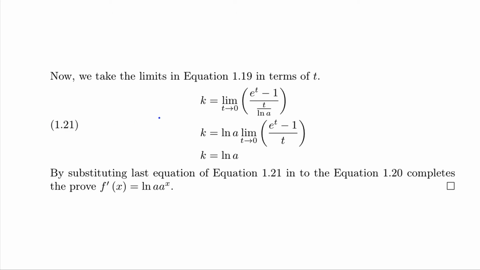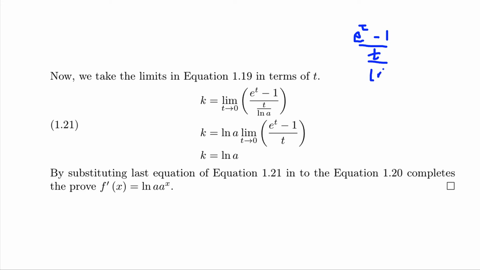Finally, that expression k is going to be the limit as t goes to 0 of (e^t minus 1) divided by t over ln a, because a^h is equal to e^t, and h is equal to t over ln a.